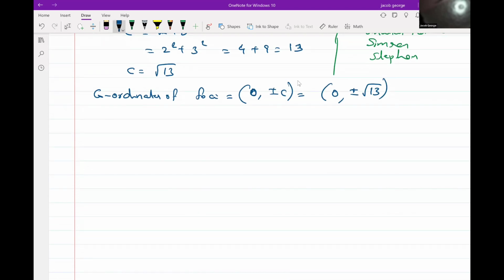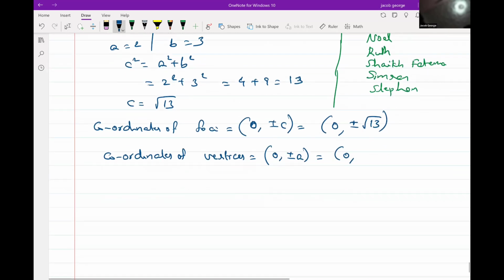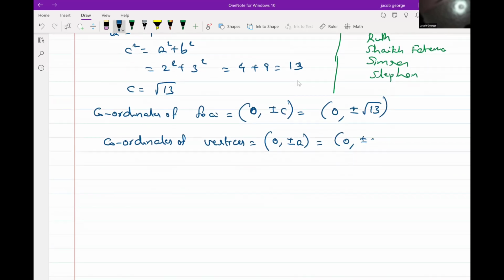Next, coordinates of vertices. Coordinates of vertices are 0, comma, plus or minus a, which is 0, comma, plus or minus 2.